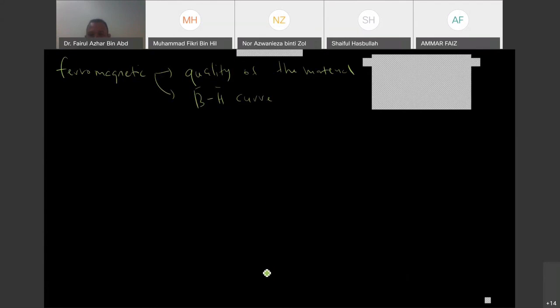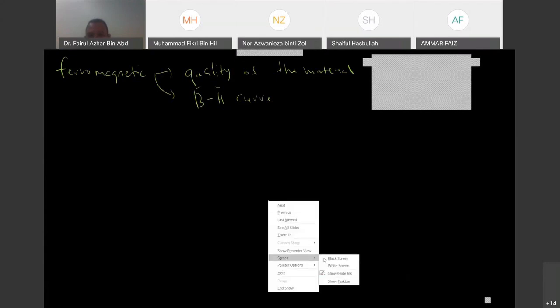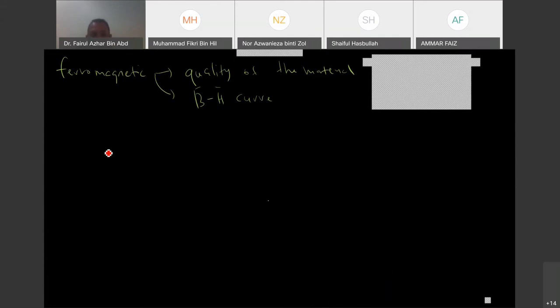So how can we find the curve? Let's say we have one ferromagnetic sample in a ring shape.